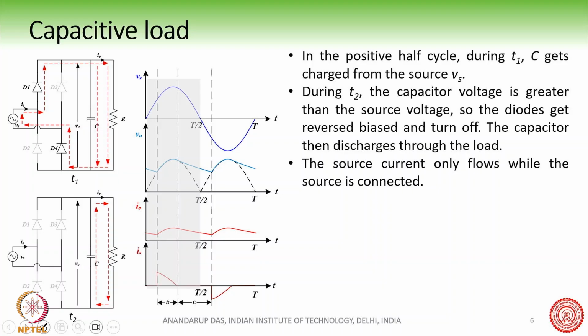In the positive half, during this period T1, the capacitor is charging like this and the output voltage is like this. This part of the AC voltage comes across the load because the two diodes D1 and D4 are conducting.